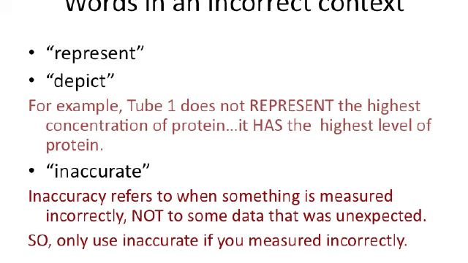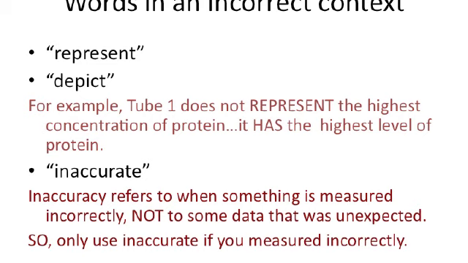You aren't showing what happened in the test tube, you're making a diagram to show what you think happened in the test tube. You don't say things like tube 1 represents the highest concentration of protein, because it's not representing protein. A tube is a tube. It's not representing anything. A tube can contain the highest level of protein, but it does not represent the highest level.